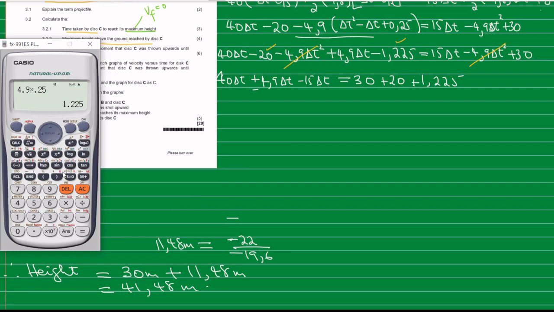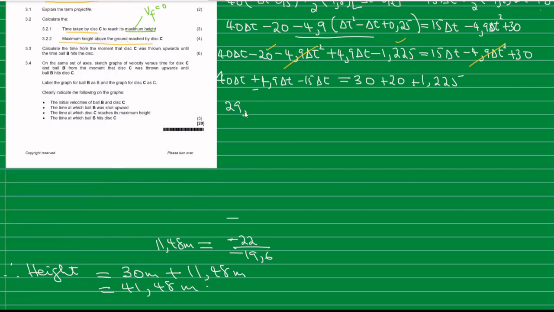Okay, so 40 plus 4.9, okay, minus 15, that will give us 29.9. So this is 29.9 delta t will be equal to 30 plus 20, 50, that is 51.225.